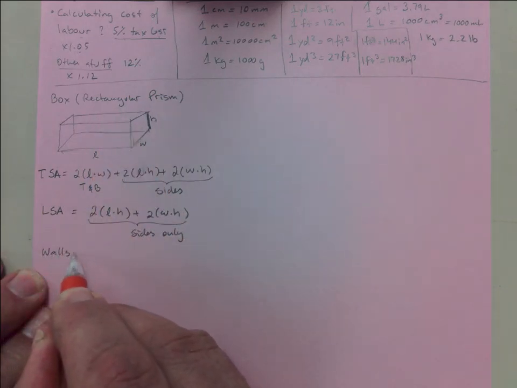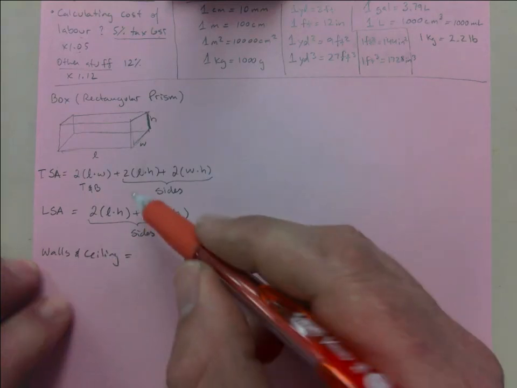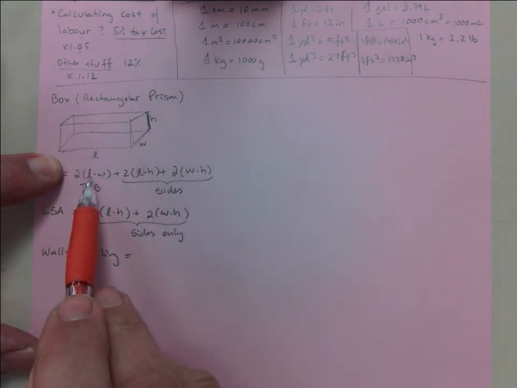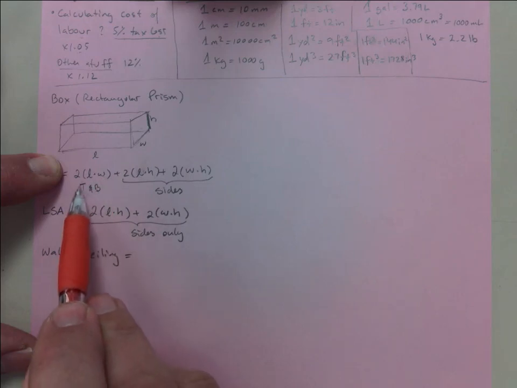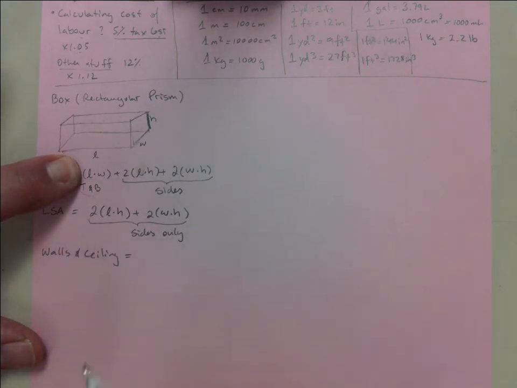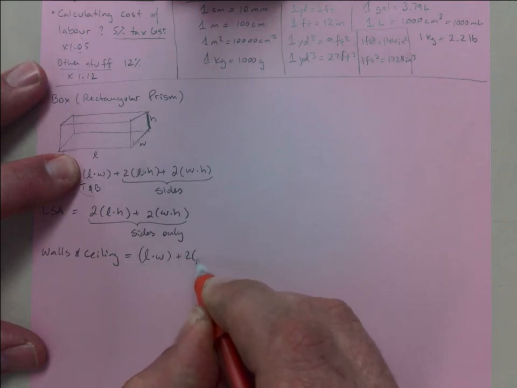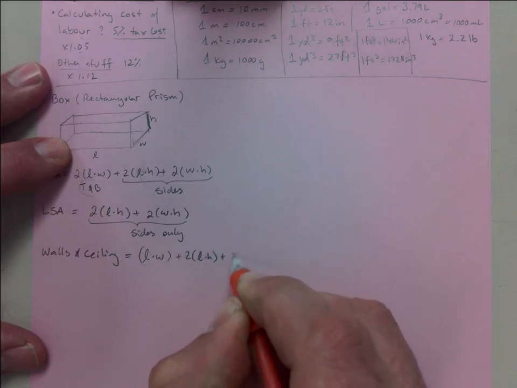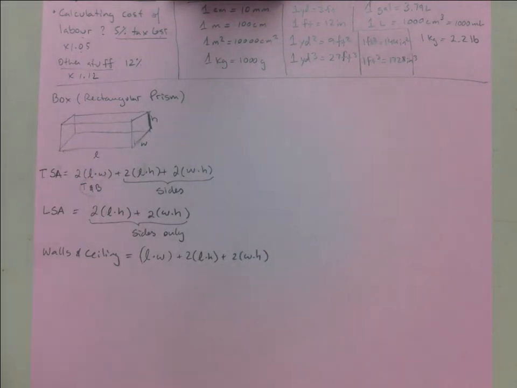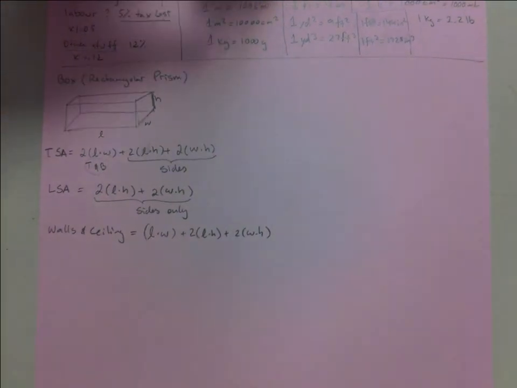If you want walls and ceiling, you're going to take that original, and instead of having a 2 times length times width, because remember that represents the top and the bottom, we're just going to have length times width. So length times width plus 2 times length times height plus 2 times width times height. Okay, so that will be the scenario at times. So we have to be prepared for that.